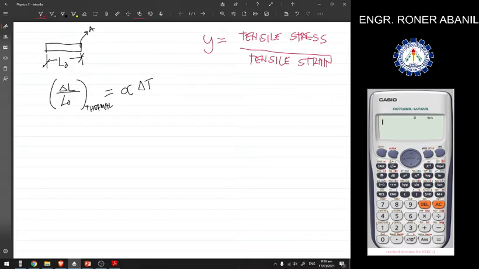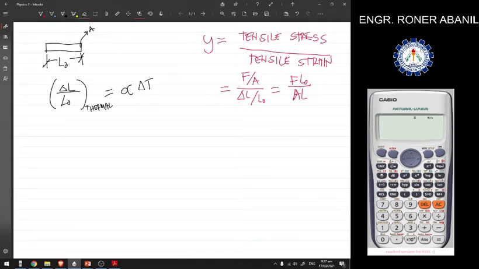Okay? So, this is equal to F over A over the change of length over initial. Okay? So, galing dito, pwede nating sabihin na F L0 over A. Mali.